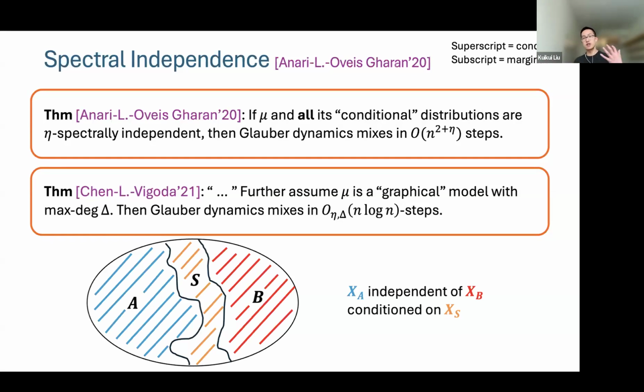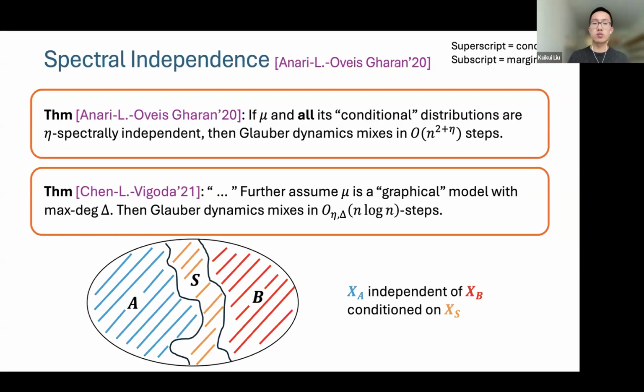Namely, if I partition the vertices into 3 sets, A, S, and B, such that the set S separates the vertices of A from the vertices of B. More precisely, any path from a vertex in A to a vertex in B must go through a vertex in S. Then the assignment on A is going to be independent of the assignment on B conditioned on any assignment of the separating set S.